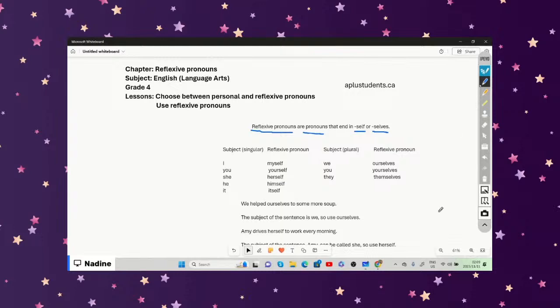Singular reflexive pronouns, of course, refer to one person or one thing that is being discussed. And plural refers to more than one person or thing that is being discussed.